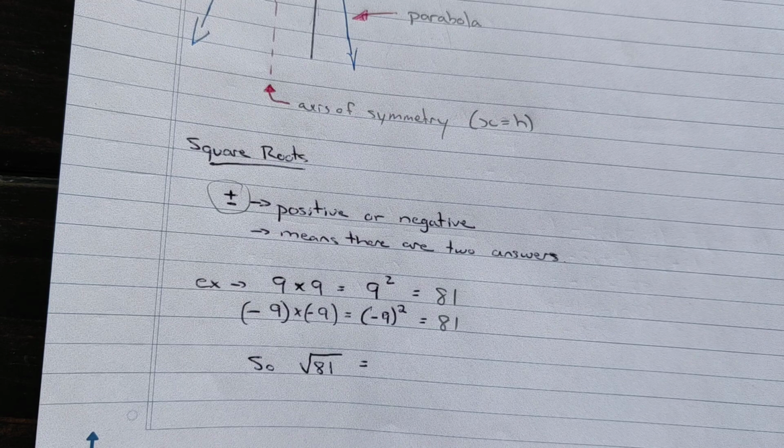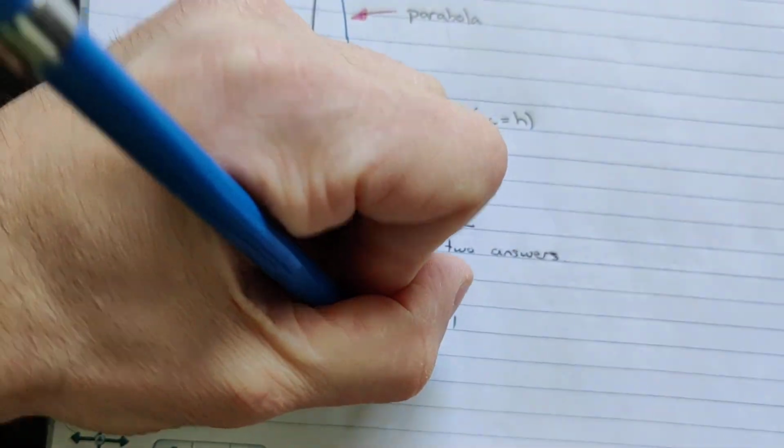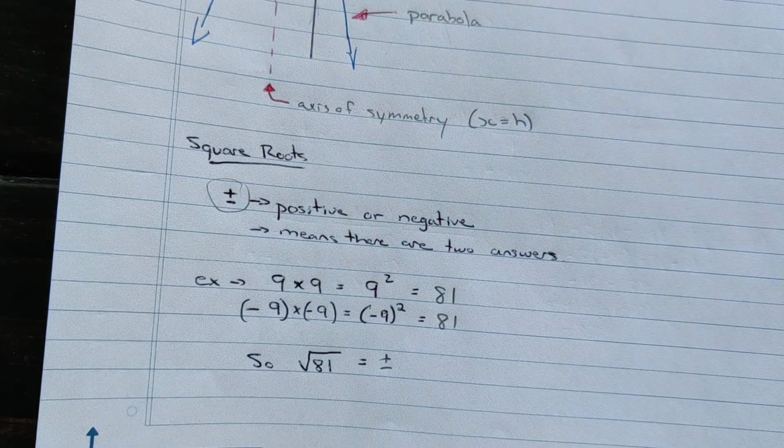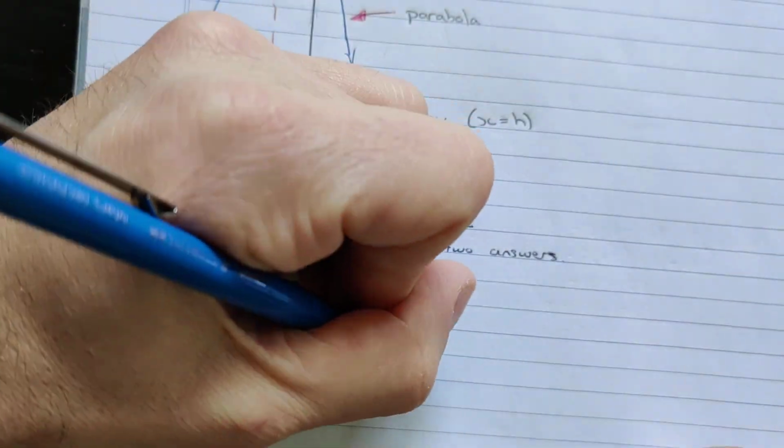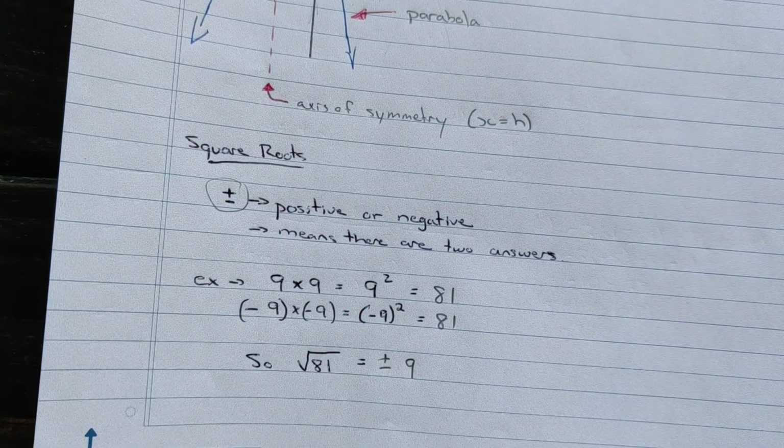So the square root of 81 says what number times itself is 81. Well, we just showed that there's two possibilities. Positive 9 squared or negative 9 squared both equal 81. There's two answers, plus or minus. So the answer to this is either 9 or negative 9.